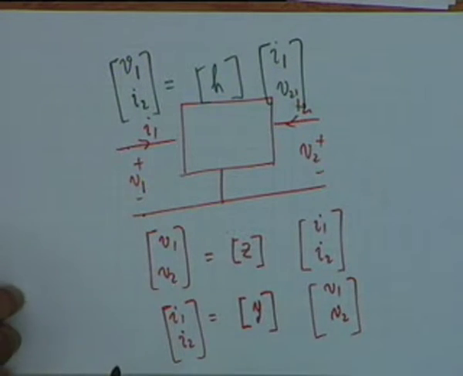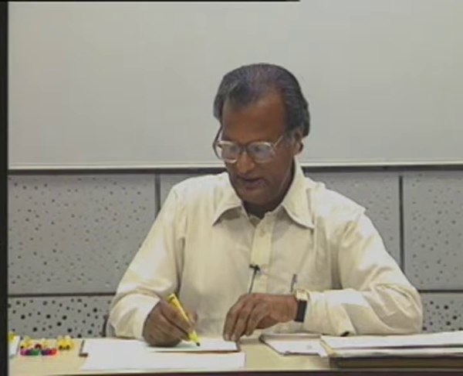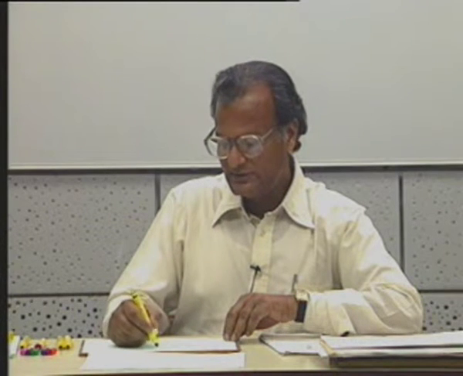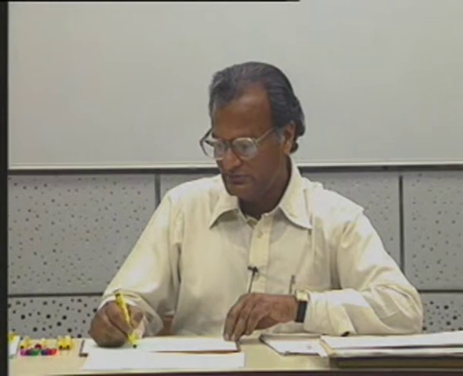All right. If we expand this relation, let me rewrite. V1, I2 is the H parameter matrix times I1, V2, and these parameters are named in the same manner.